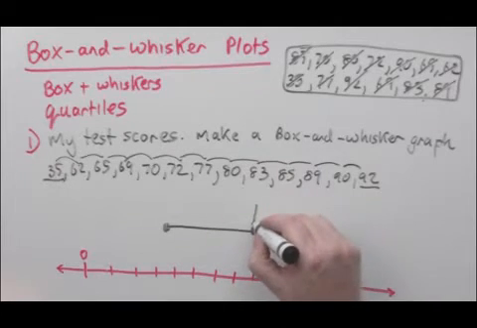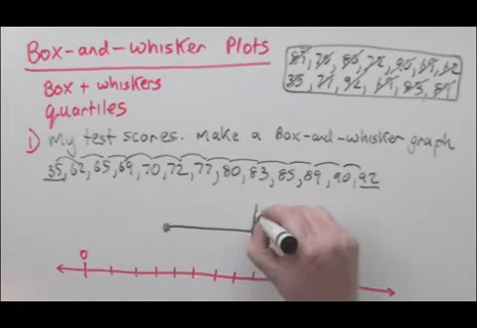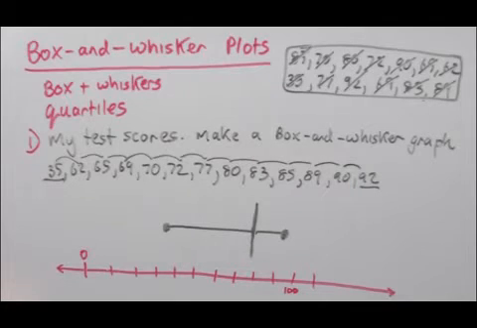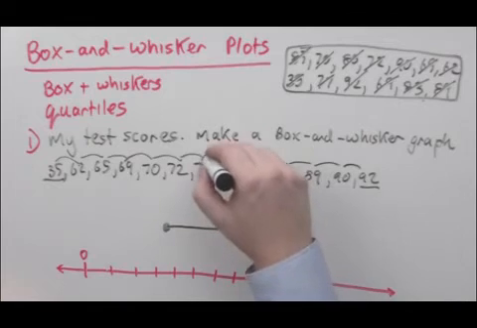I'm going to draw a line through that. Now I'm going to get the median of the lower set of numbers and the median of the higher set of numbers. That would be the lower median and the upper median, also known as the lower and upper quartile.